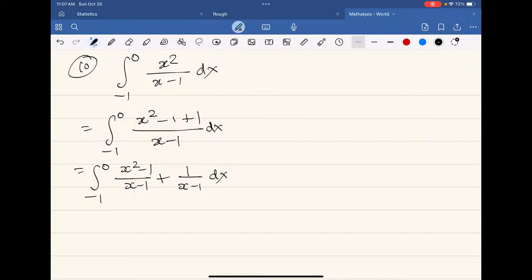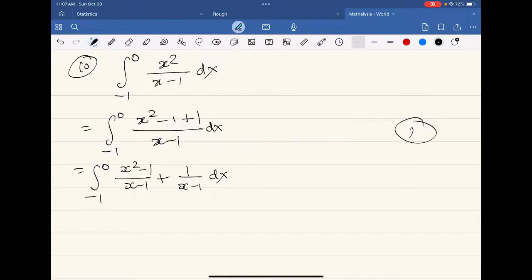And notice that if this integral was from minus 2 to 0, in the middle at minus 1... okay, no, if this integral was from 0 to 2, in the middle at 1, this should have been indeterminate, right?